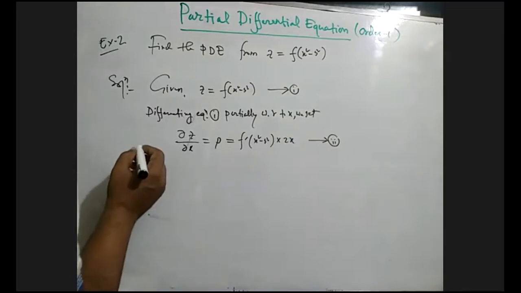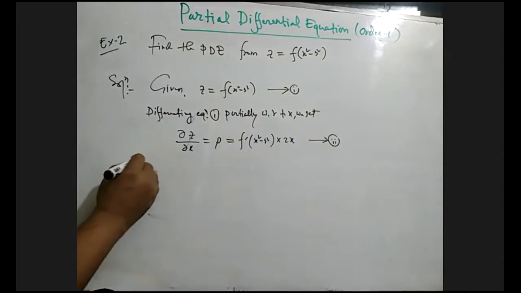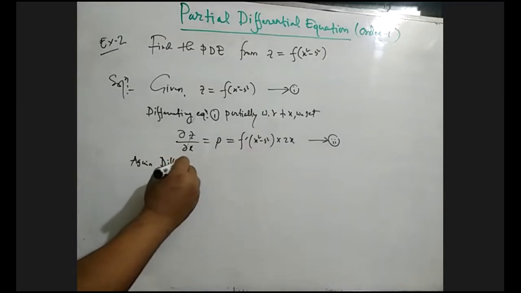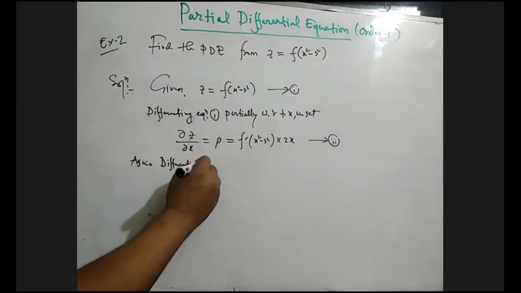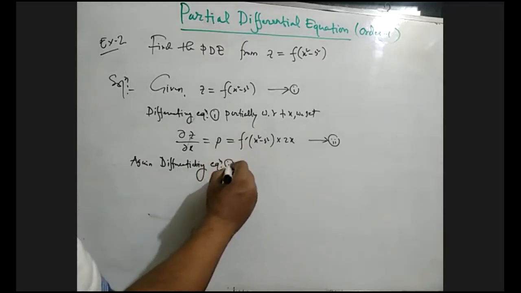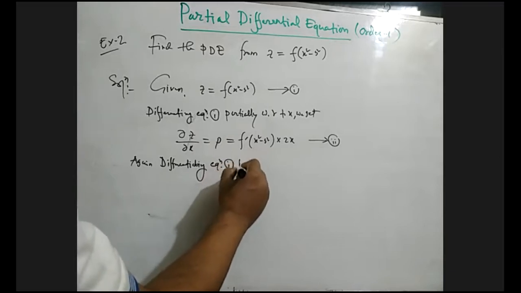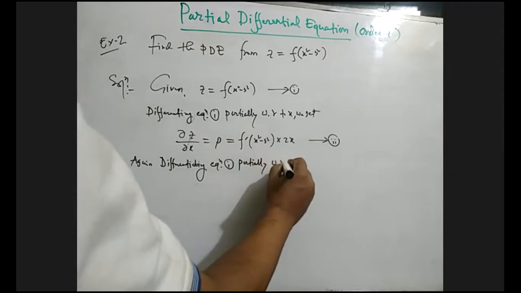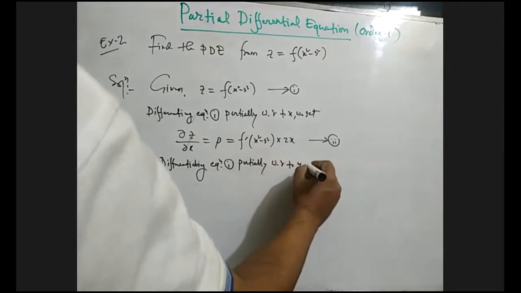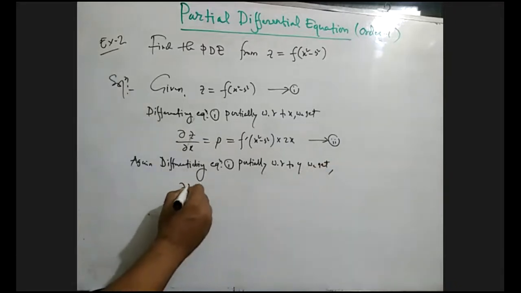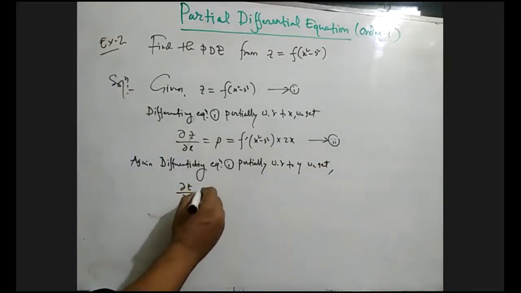Again differentiating equation 1 partially with respect to y, we get ∂z/∂y equals q.